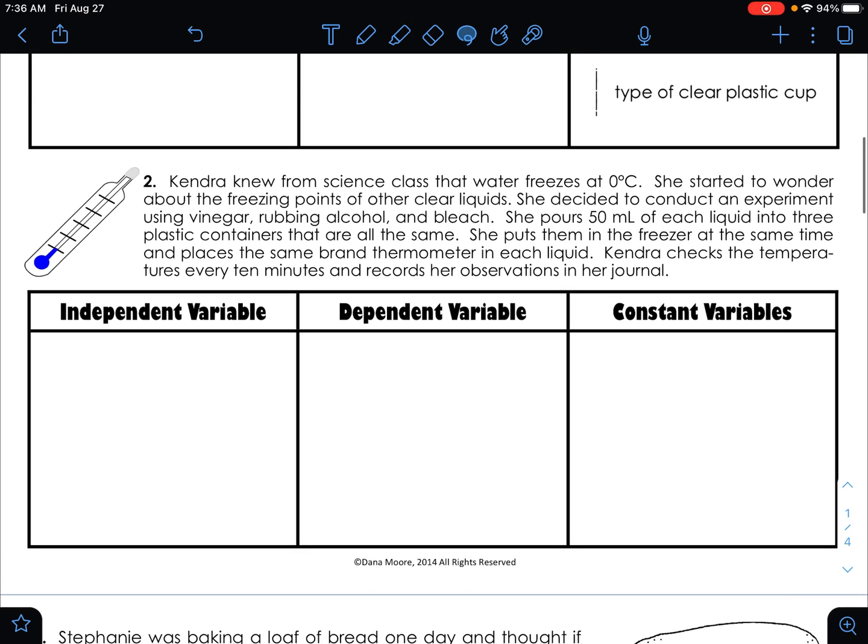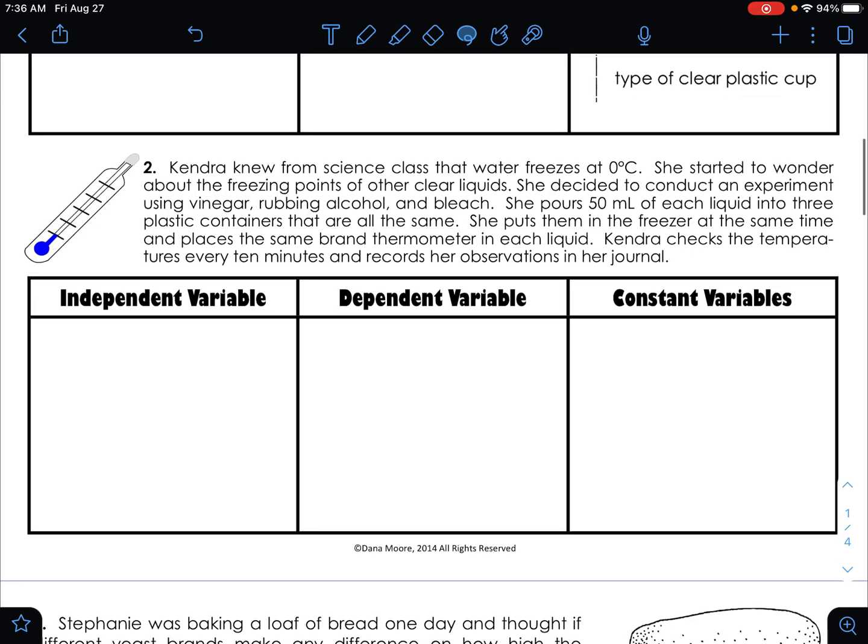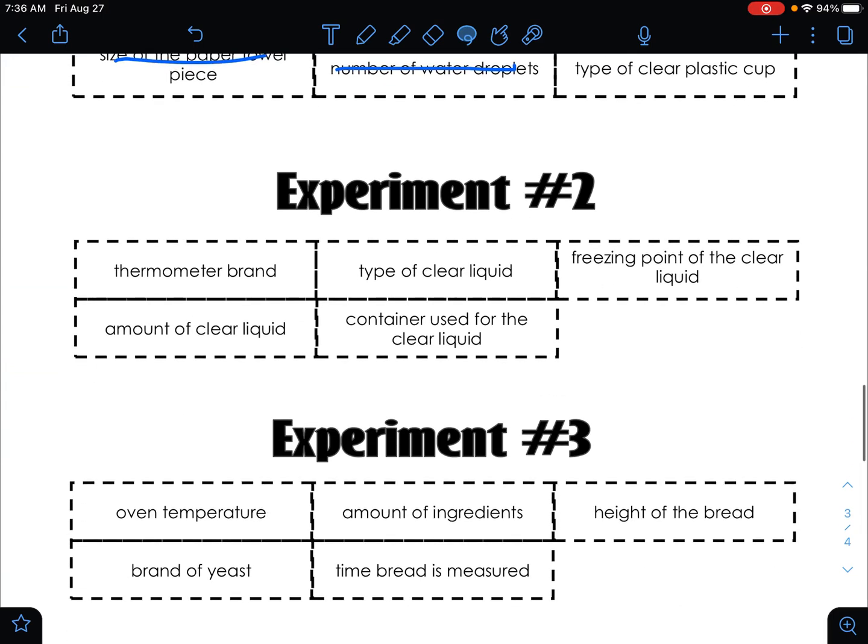All right, so I want you to think real quick. Before we look at that list, what do you think that she is purposely changing? All right, let's come down here and look. So what is she purposely changing? Look at our choices here.